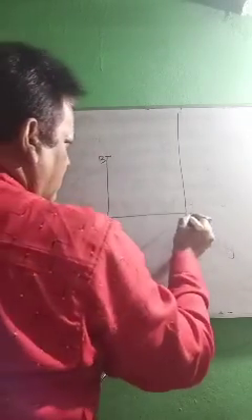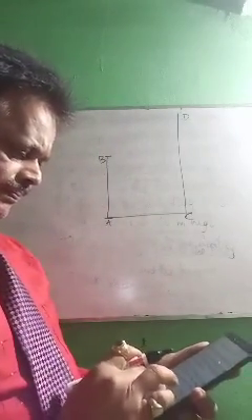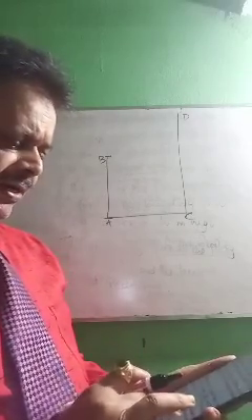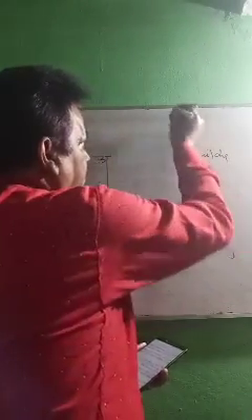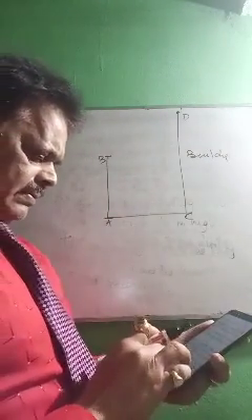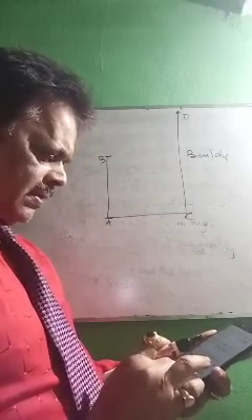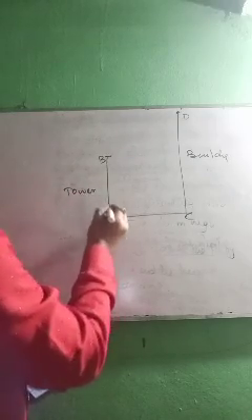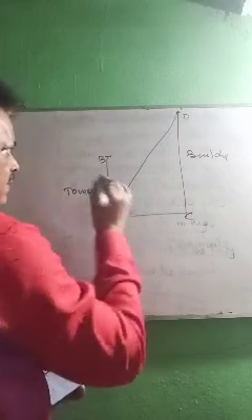A, B, C, D. Okay, so look, angle of elevation of top of building, that means this is your building. From the foot of the tower is 30 degree. Foot of the tower, this is your tower. This is your 30 degree. This is important for you to understand.